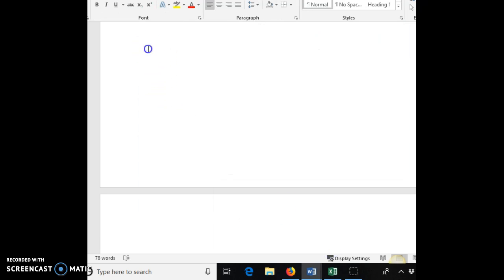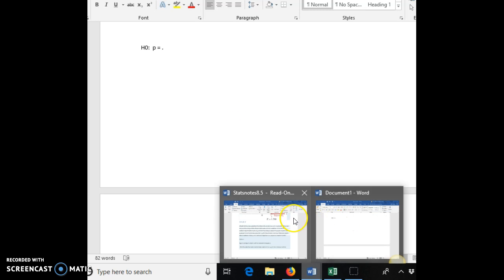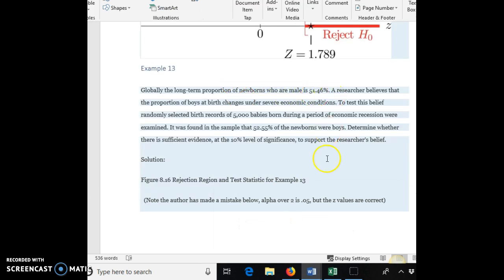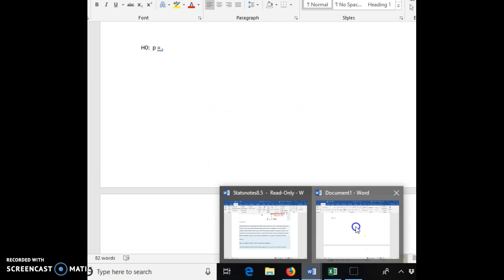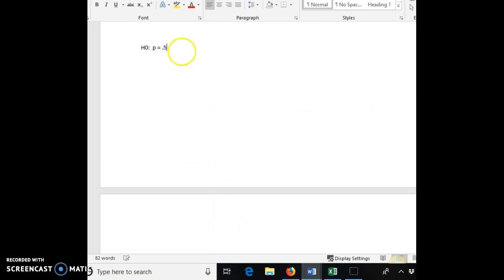All right, so let's go ahead and put that in. Our null hypothesis is going to be that P is 0.5146. And then our alternate, we said it changes, so it could change in either direction.